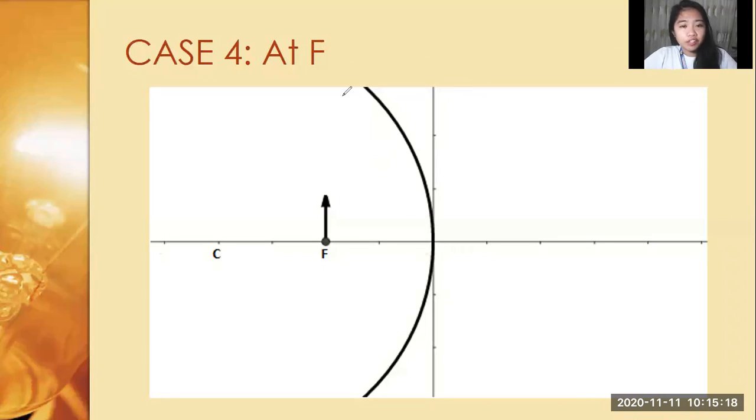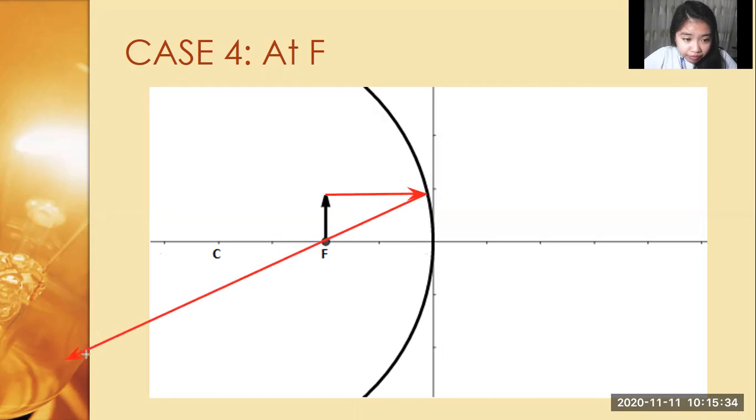So let's draw again. Okay, we will have this parallel line there passing through F. I think that's where.